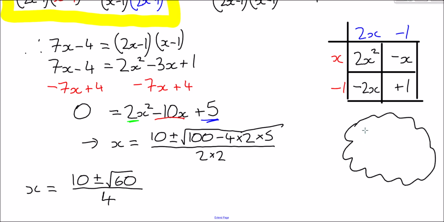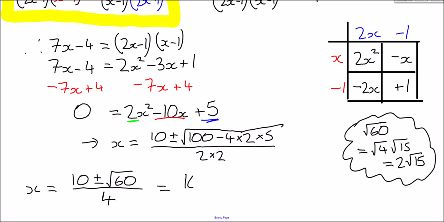This is a surd which simplifies. So is there any factor of 60 which is also a square number? Well, there is. 4 is a factor of 60, so we can split root 60 into root 4 times root 15, and the square root of 4 is obviously 2, so we can place out a 2 root 15.